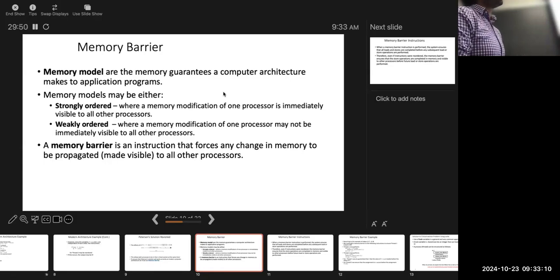Memory model: the memory guarantees the computer architecture makes to the application program. So what does it mean? Basically, if we have two threads, like in this example, and both of them are accessing the same global variable, remember that this is why computer architecture is important.